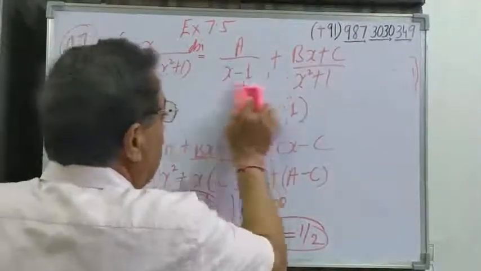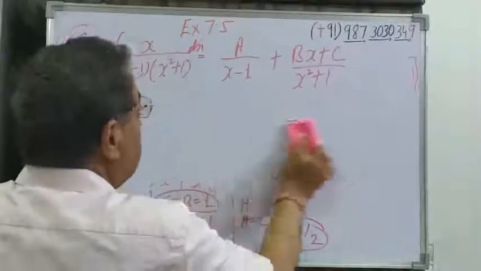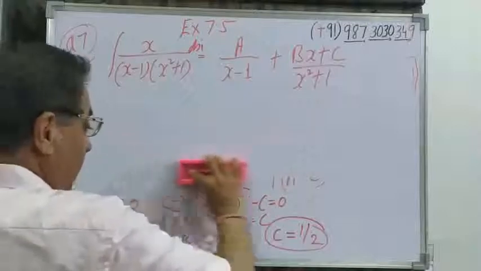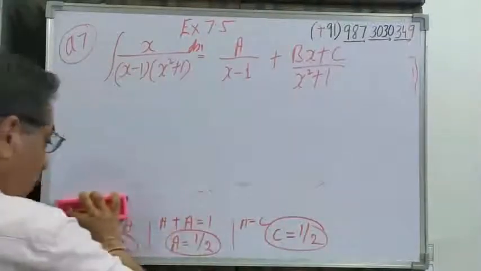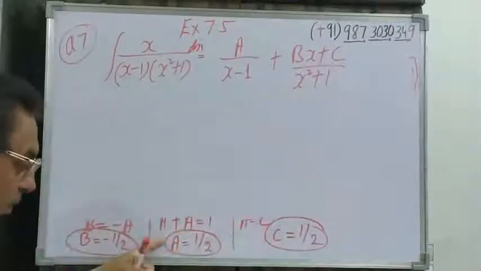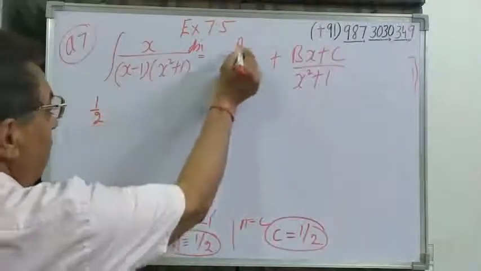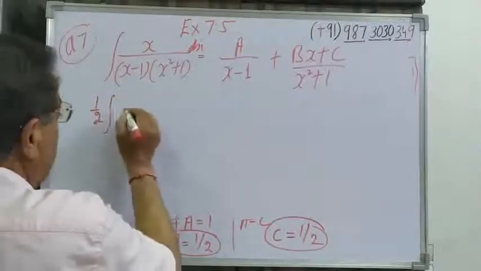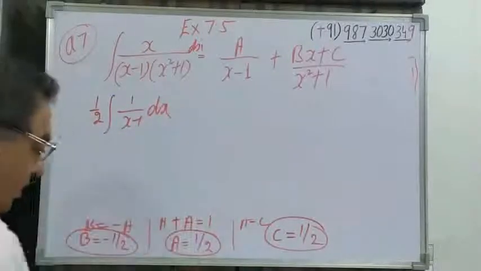Now putting the values. For a, what is the value of a? 1 by 2. So substitute for a the value 1 by 2. The quotient becomes 1 by 2 integration of 1 upon x minus 1 dx.